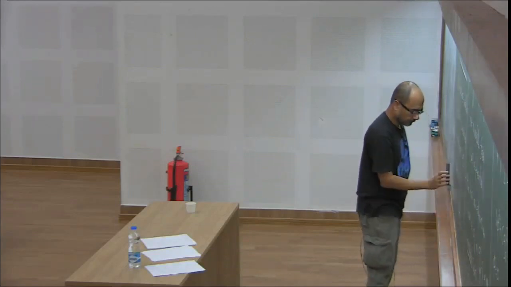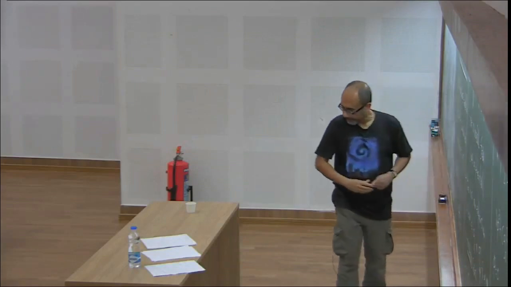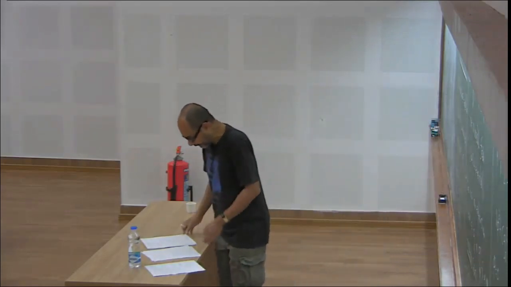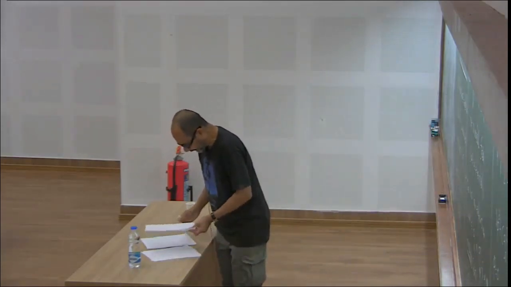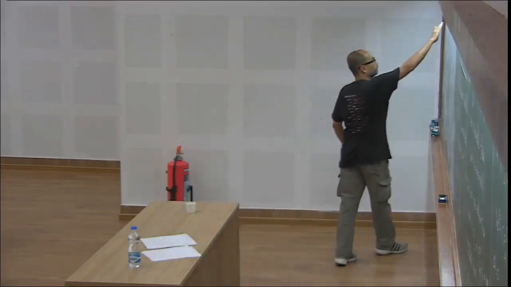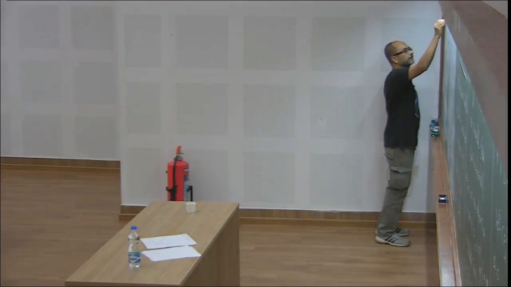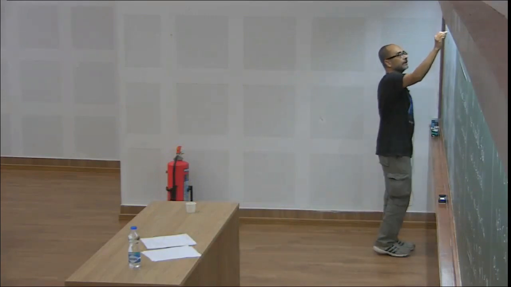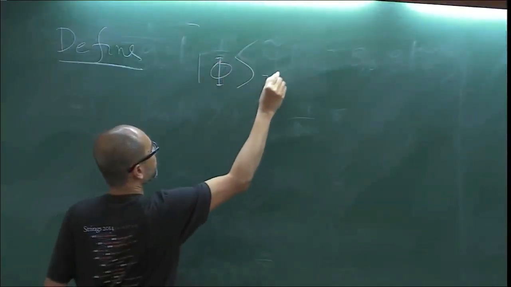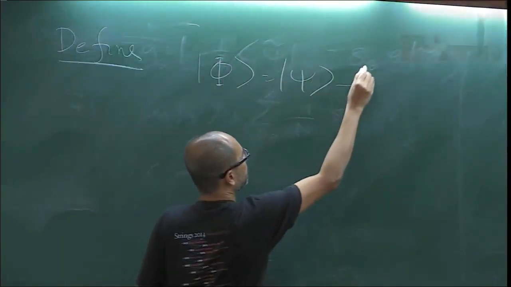Okay, so now the idea is that we take this solution and expand around psi vacuum. So we now define phi, which is psi minus psi vacuum.